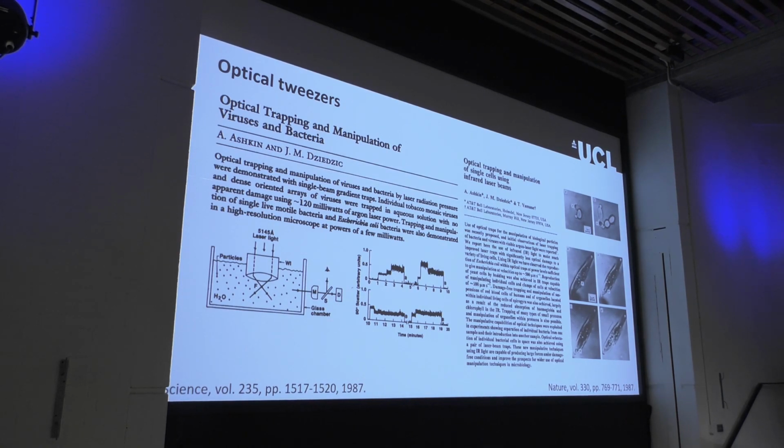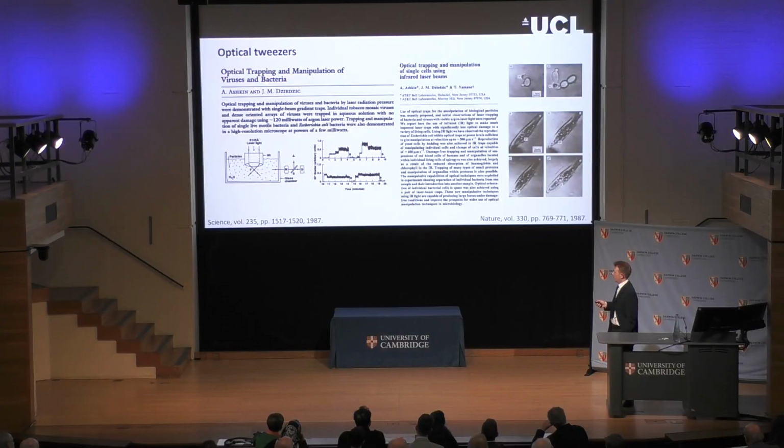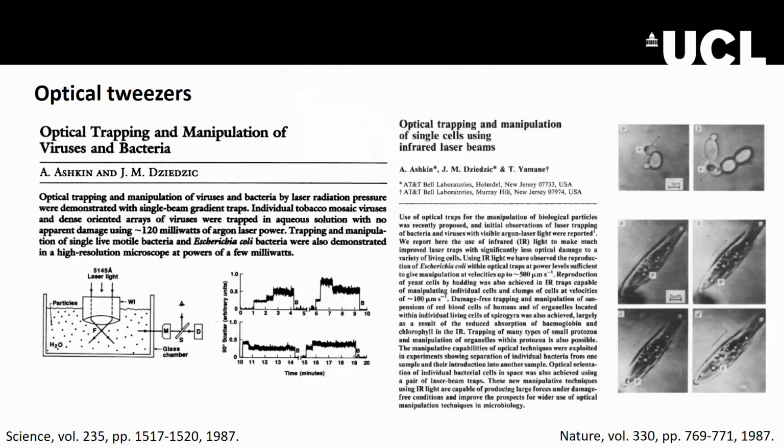There are some perhaps apocryphal stories about the origin of this experiment. Some say it's a sample that became contaminated overnight. Others say the sample was cultured from his colleague Joe Zidich's ham sandwich. Nevertheless, he trapped E. coli bacteria. Furthermore, in later experiments, the same year in Nature, he could trap bacteria such that they remained viable.